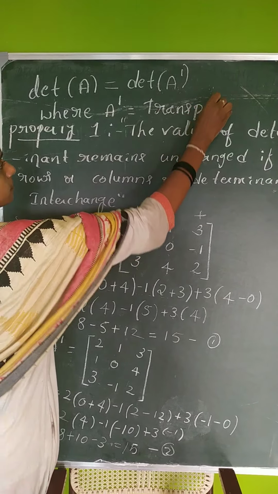As we all know, the transpose matrix is nothing but interchanging the rows as columns and columns as rows. This is the first property.